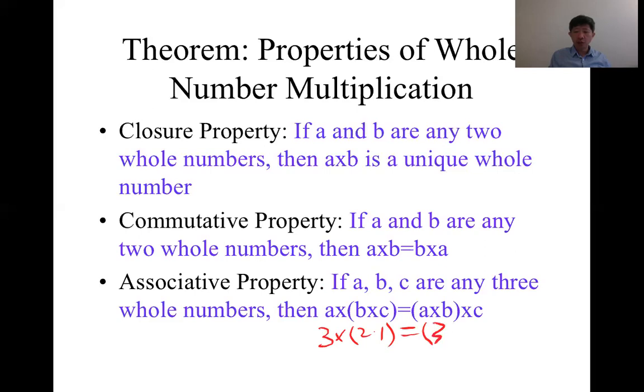We have 3 times 2 times 1. We have 3 times 2 for this, which is 6, and 6 times 1 for this. So therefore, 6 is equal to 6, right? So that's the associative property, okay?